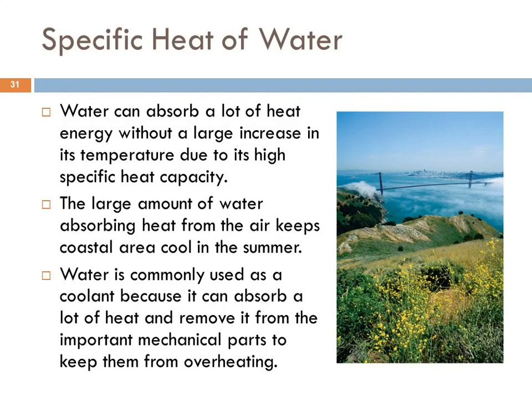Water actually has a high specific heat capacity. It can absorb a lot of heat before it changes temperature. And this is pretty significant in terms of climate and many other things.